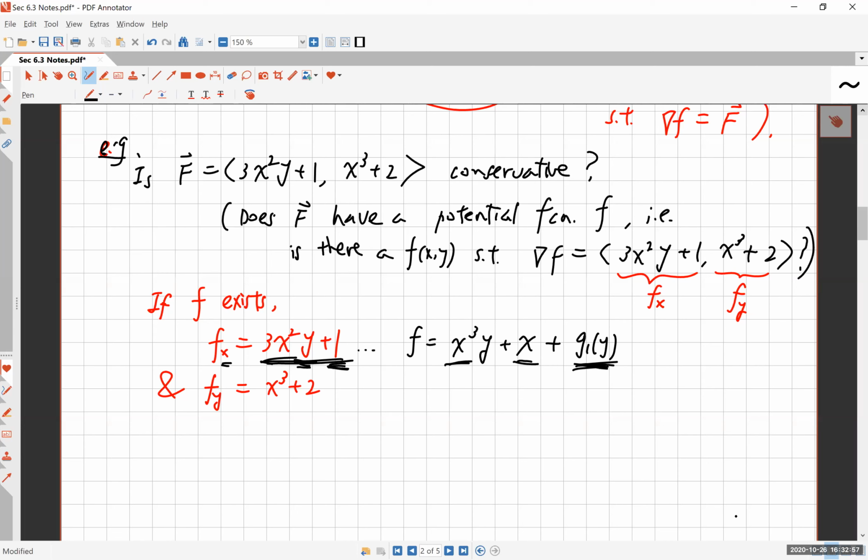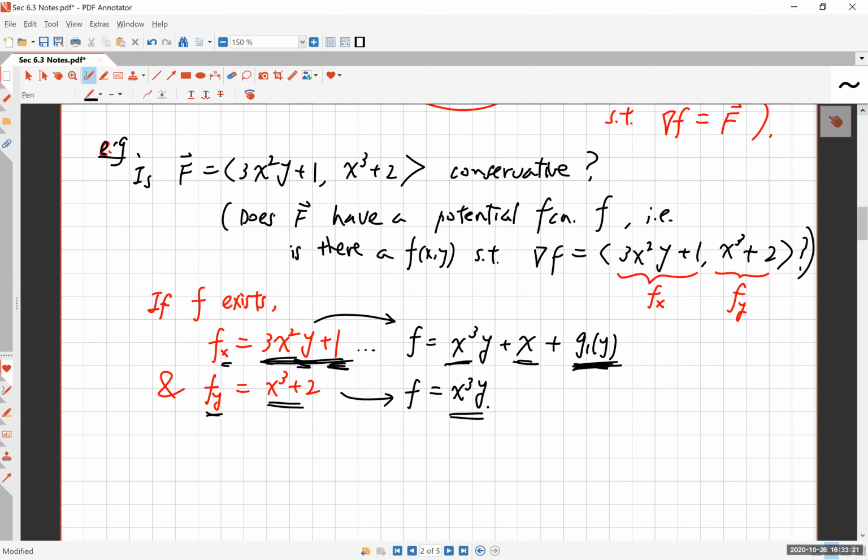So the antiderivative of this with respect to x happens to be x cubed y plus x plus some function of y, possibly. Now, also at the same time, f has to be of the form such that the partial of that with respect to y has to be x cubed plus 2. So that means you have to have x cubed y.